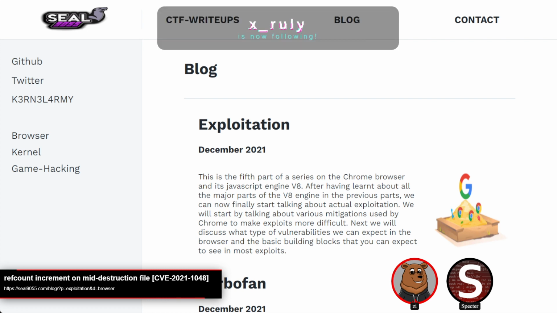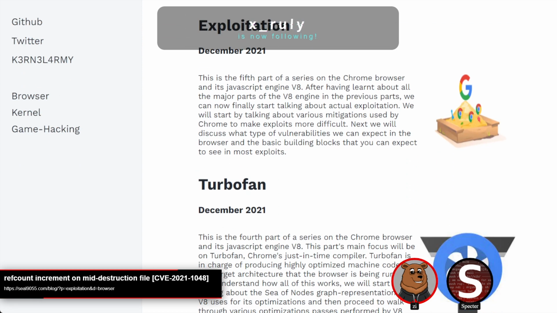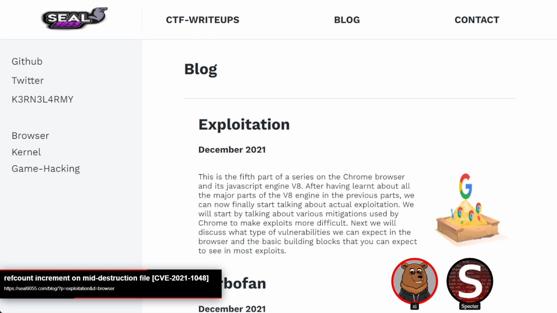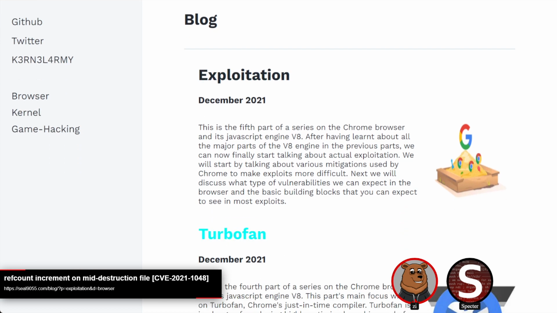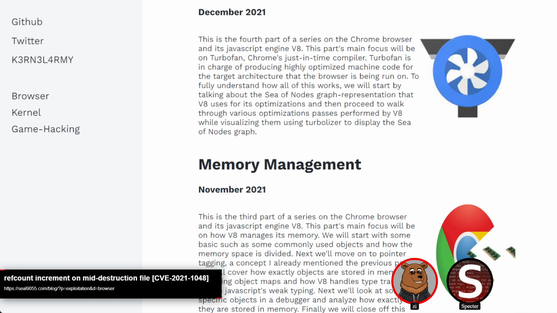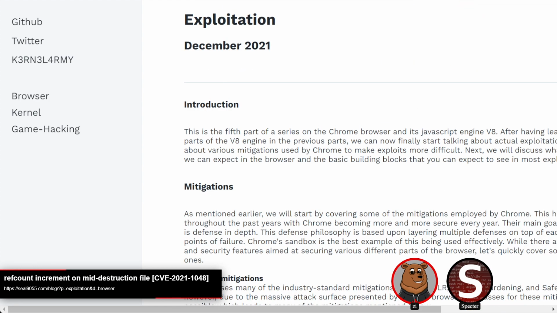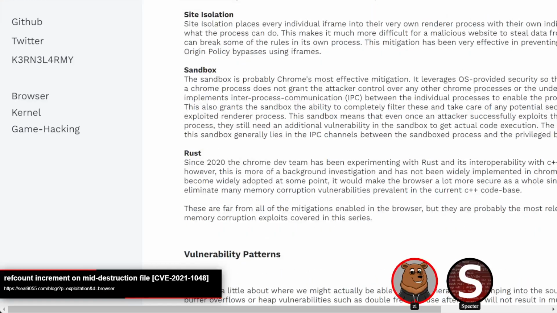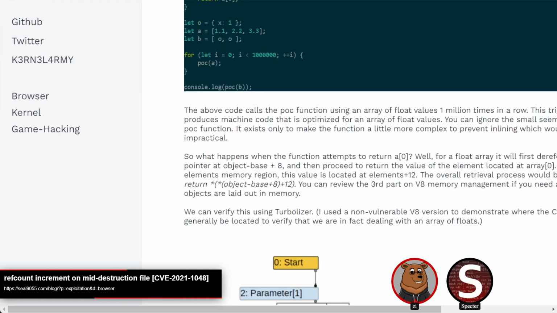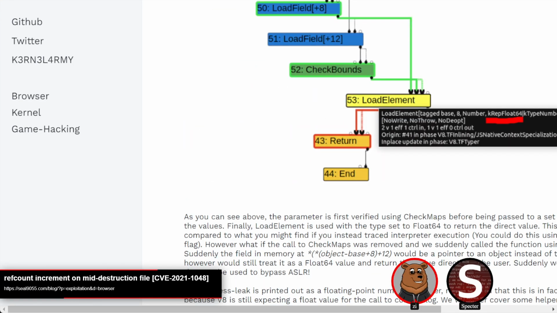But from Seal, it's actually a series of blog posts, and I think this is the fifth one, on exploiting the Chrome browser and JavaScript engine in V8, going through a lot of background. This fifth post is finally on a little bit of exploitation, some of the mitigations that exist within there, and vuln patterns in there.